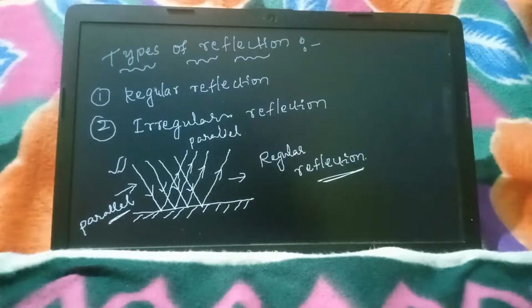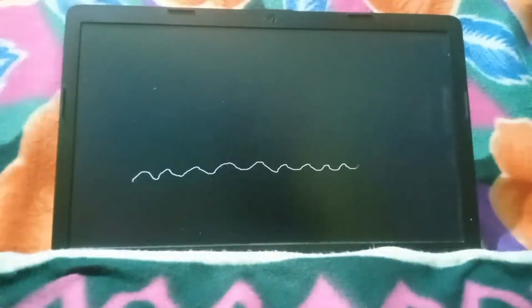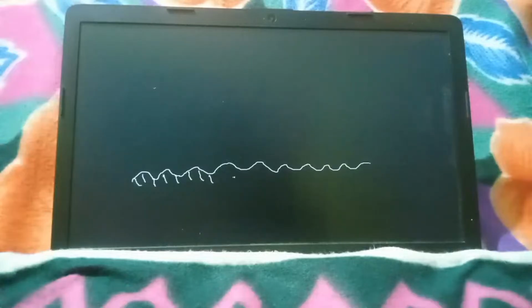Whereas, coming to irregular reflection, I'm taking this surface. You have to understand that for irregular reflection, the surface is not smooth.